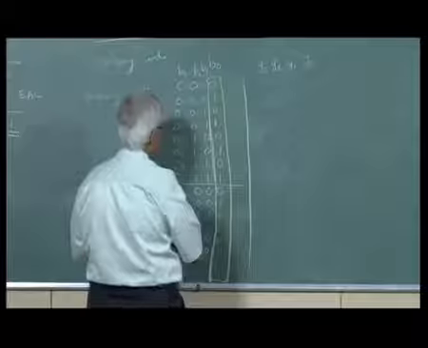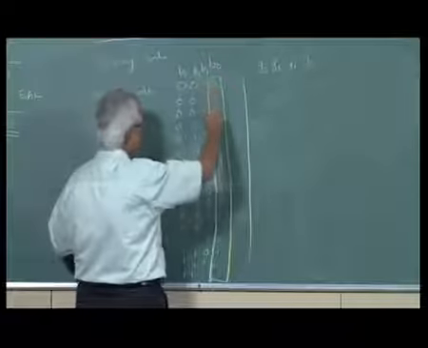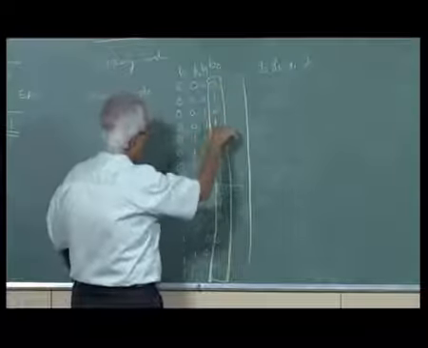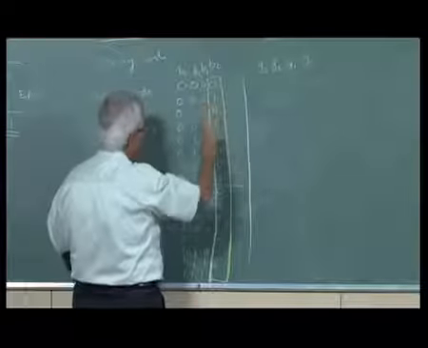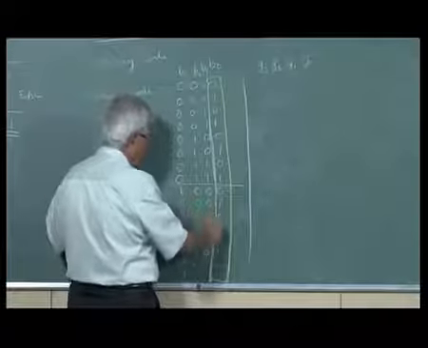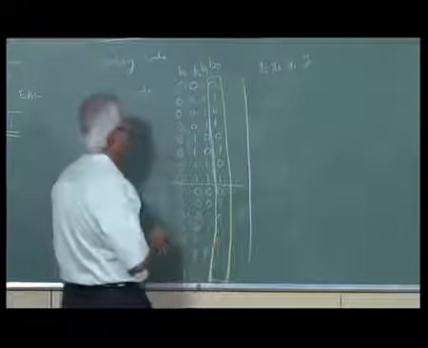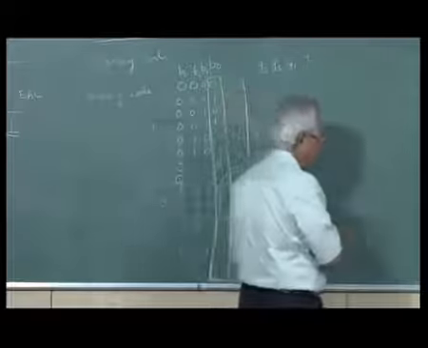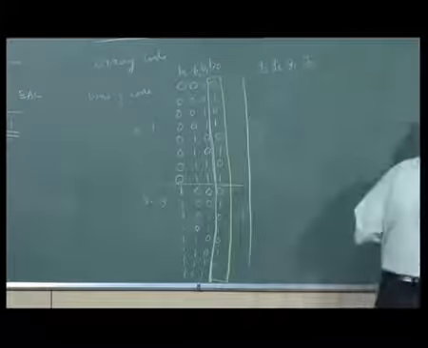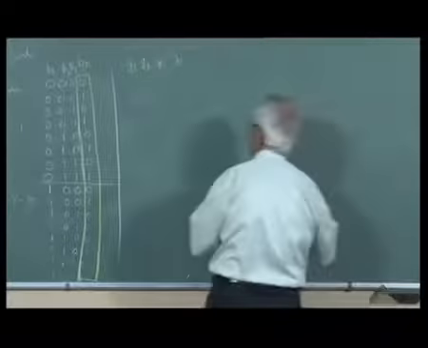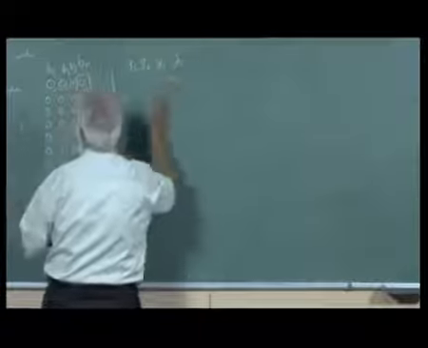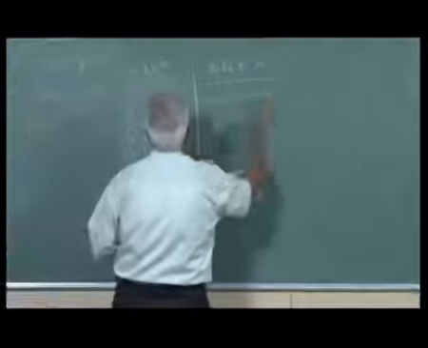The second column: instead of 0011 repeating, we will invert it: 0011, 1100, 0011, 1100. We will do that. I will write it in another color maybe. I can put these lines only, then it will go clearly.